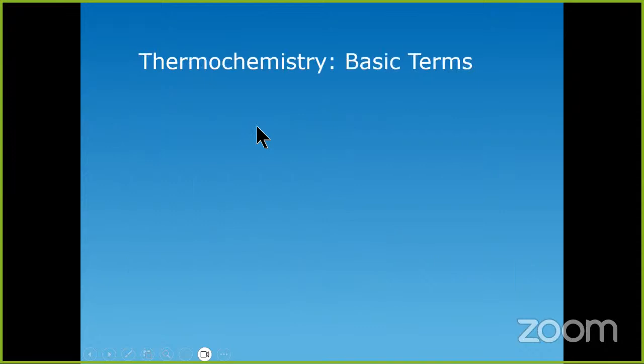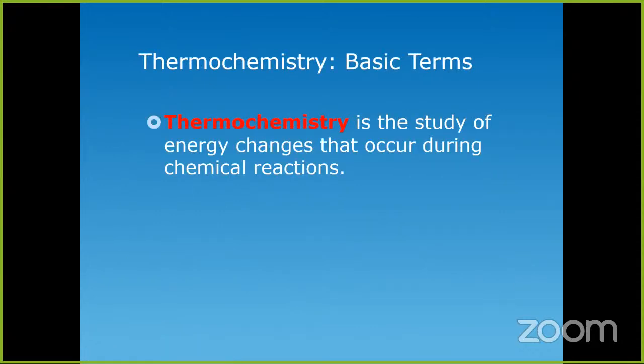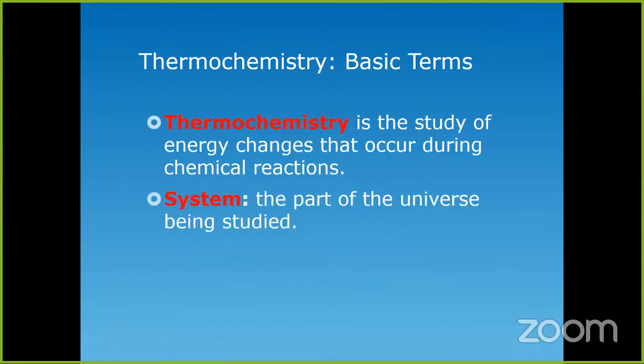Some other terms that you will need to know for this particular chapter. Well, we talked about what thermochemistry is already, but there are other terms as well. So whenever you hear the term system used in this context, right? Basically, we're talking about the part of the universe being studied. And that could be literally any part of the universe, all right? So for example, it could be a beaker, it could be a test tube, it could be a room, it could be anything, right?